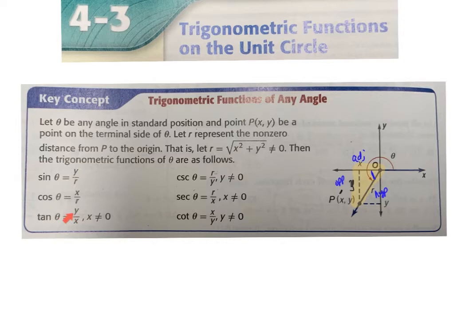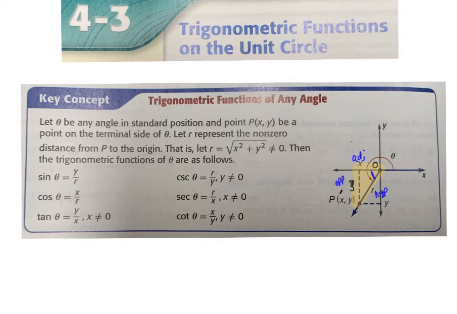You see that? So y over r is sine, x over r is cosine, and y over x is tangent. And then, of course, we know the reciprocals. Cosecant is r over y, secant is r over x, and cotangent is x over y. This works anywhere on the coordinate plane.